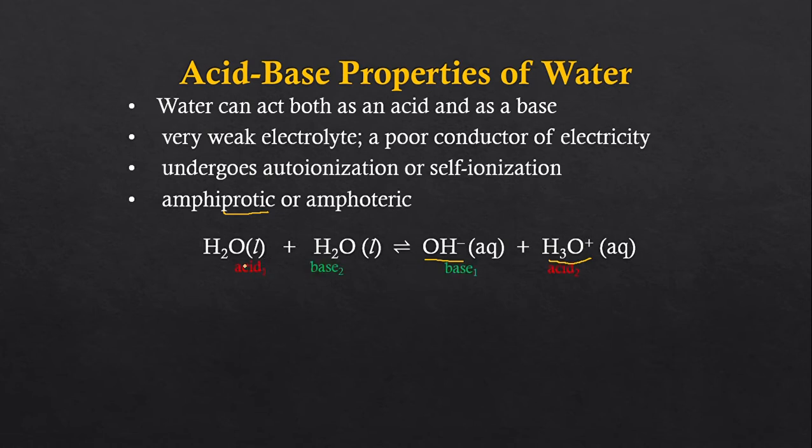Okay? So, pwede sila mag-act as an acid or as a base. Ganun din yung conjugate acid-base pair nila. Okay? Now, dito, i-relate na natin yung equilibrium. Since ito ay reversible reaction, pwede na natin i-relate dito yung equilibrium expression. Okay?